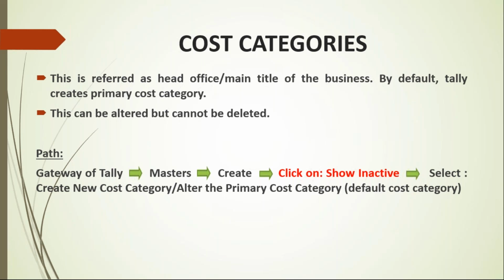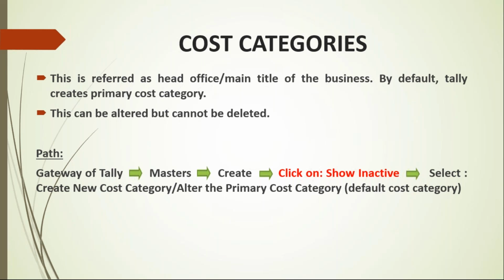If I go to the cost categories under Tally, the default cost category is the primary cost category. Tally allows the user to make any alteration or changes, but does not give the right to delete the default cost category created by it. So henceforth I can alter, but I have no rights to delete it.